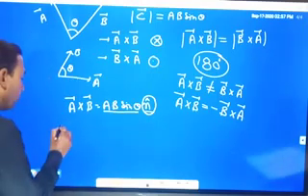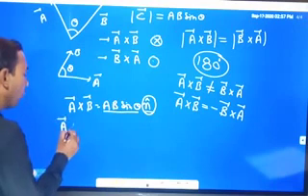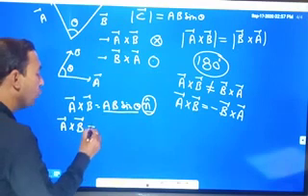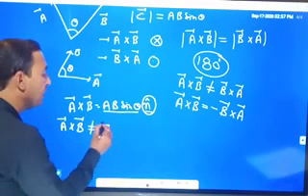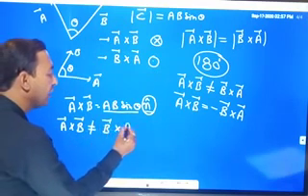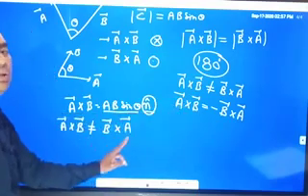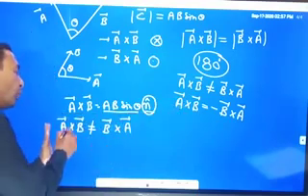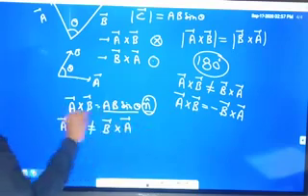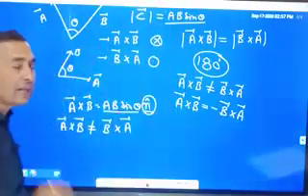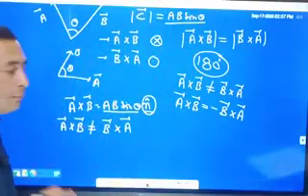Now the cross multiplication of two vectors does not obey commutative rule. A vector cross B vector is not equal to B vector cross A vector. ये भी हम समझ चुके हैं. देखिए आप, it does not equal to B cross A. Why? Because both have same magnitude. इनका दोनों का magnitude same होगा. That magnitude is AB sin theta, but इनका direction same नहीं होगा.